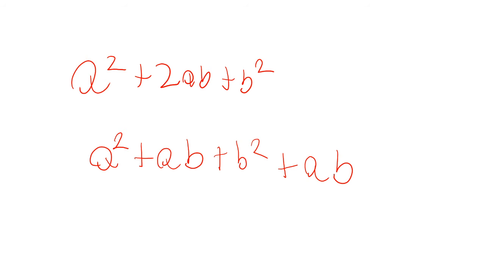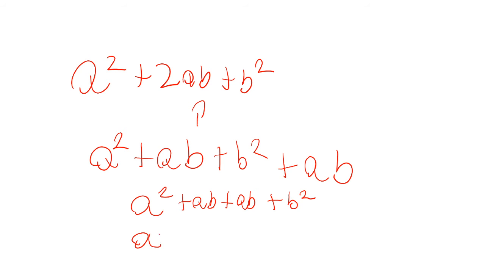Now this looks pretty similar to our expanded form, the expansion of squares of binomials. If we just rearrange this, we get a squared plus ab plus ab plus b squared. ab plus ab is ab times 2, and we write that as 2ab.